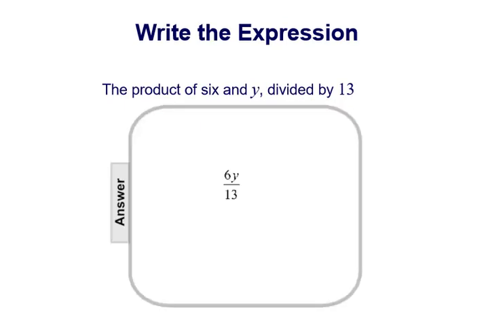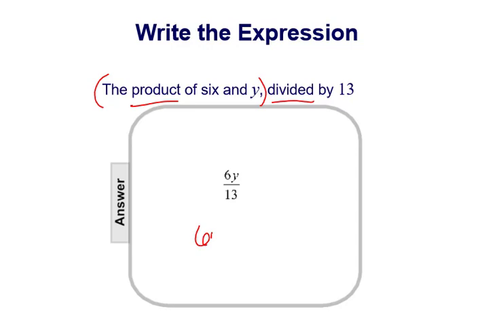So that is going to look like the product of 6 and y, which we're just writing as 6y. And then divided by 13, we're using the fraction symbol. So that's like putting the parentheses around the product of 6 and y. The fraction bar is also indicating the difference between the two operations of multiplication and division.